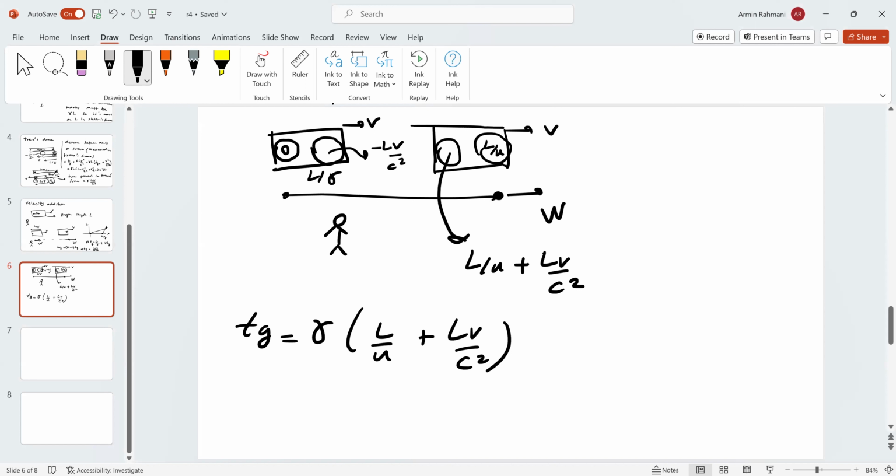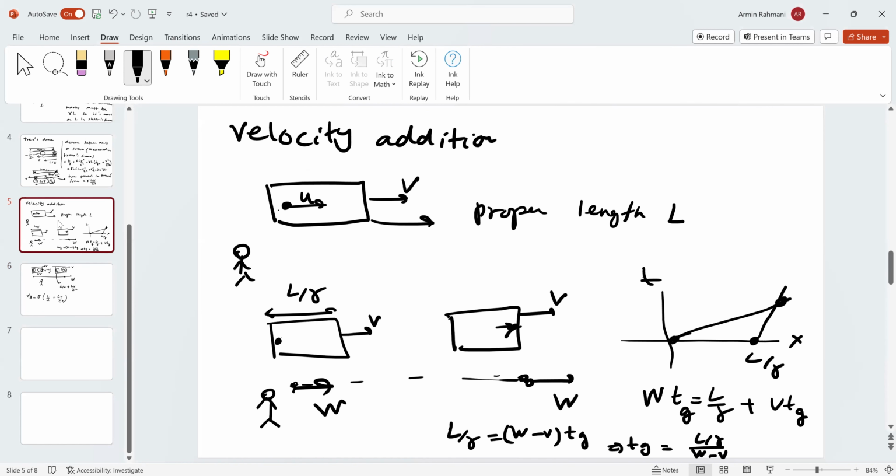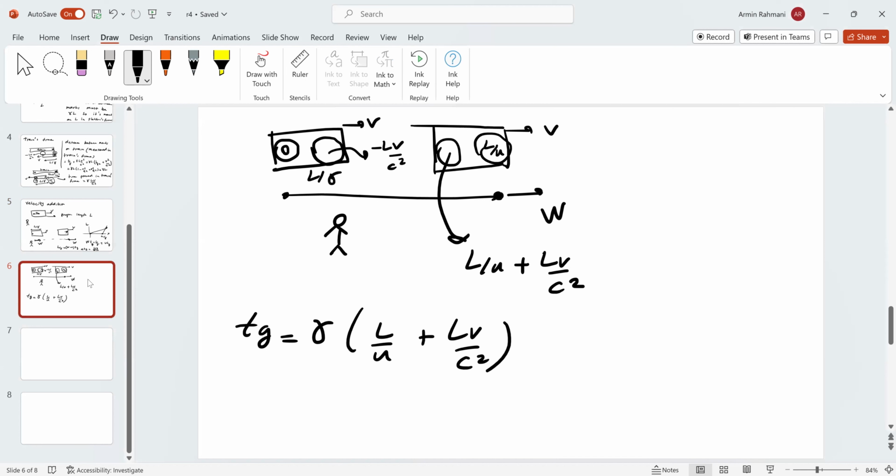So one expression just involves V and U, and the other expression involves this W, and of course also involves V. So they must be equal to each other. So that's also equal to L over gamma W minus V.